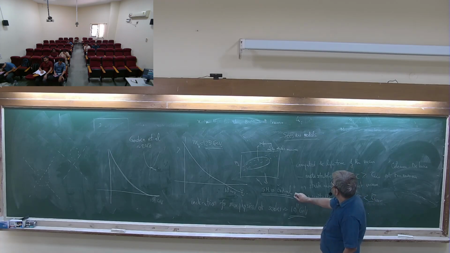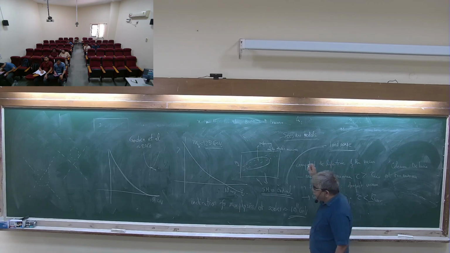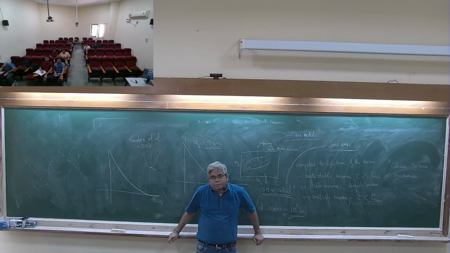It's critical, and so you can map the entire thing to something called a landscape. Now it also happened around the same time that a landscape from string theory came up, so they could connect to the string theory landscape. The string theory landscape came around 2003, 2004, but it really became popular much later on.